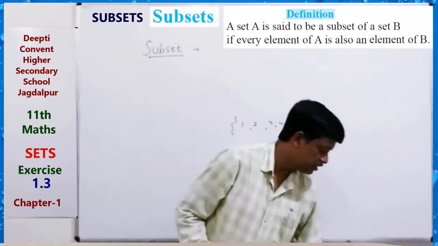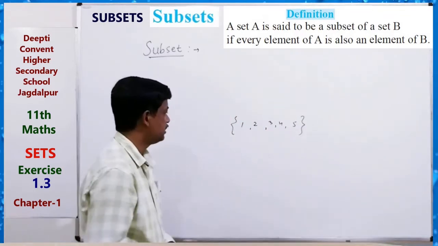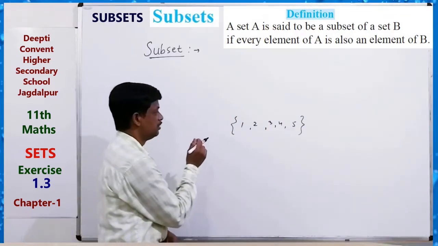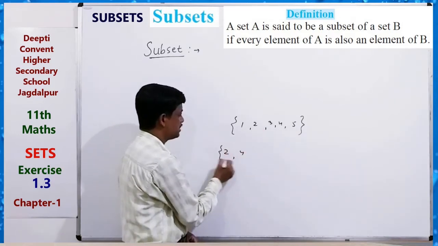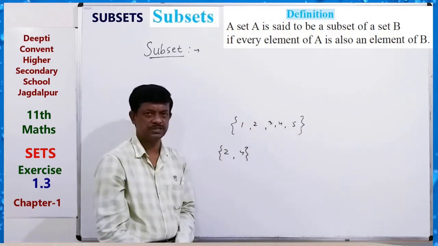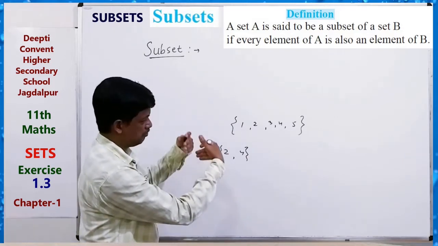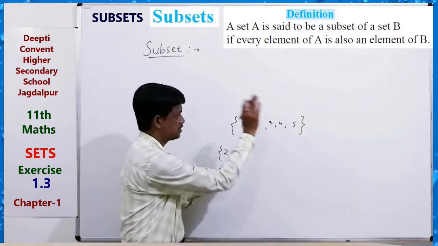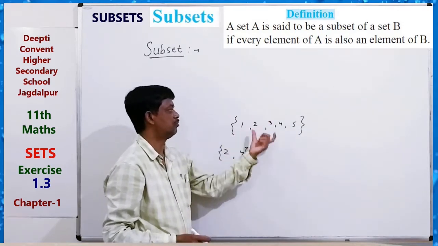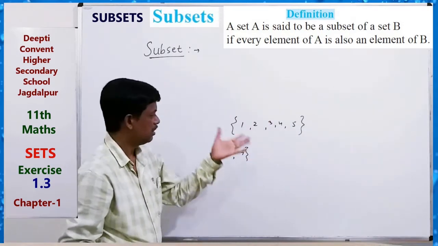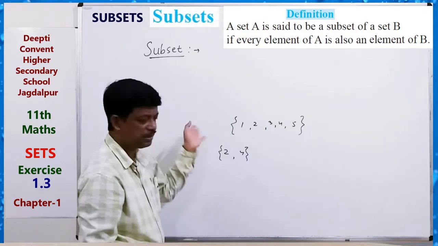Okay, so there is notation. Suppose we take 2 and 4, two elements, and make a set, then it will be a subset of this. So we can make many subsets of this: only taking 1, only taking 2 and 3, or 2, 3, 4, or 1, 2, 3, 5, and so on. There will be many subsets.